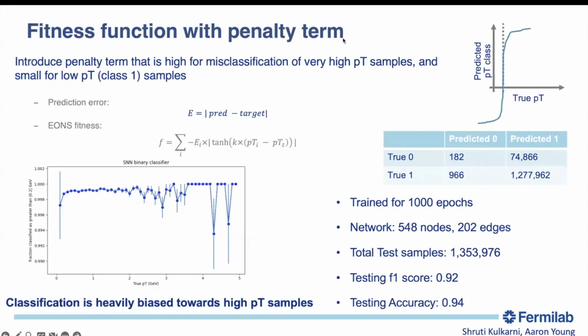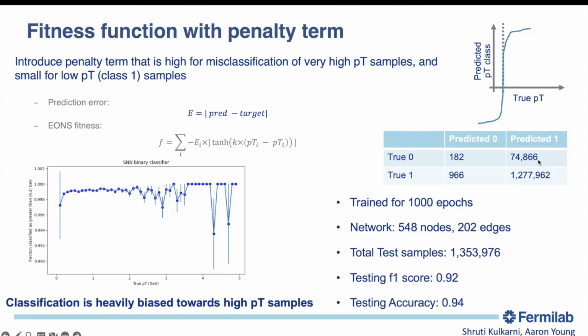Then we added a penalty function. So basically to say anything which was supposed to be a high PT cluster and got classified as a low PT cluster, penalize the network and penalize the system and update the training. When we did that, we came up to almost 100% efficiency.